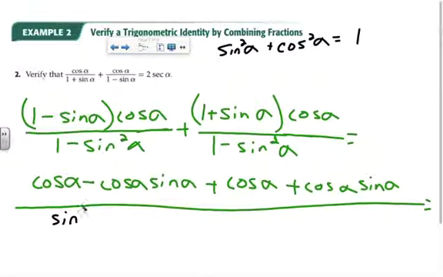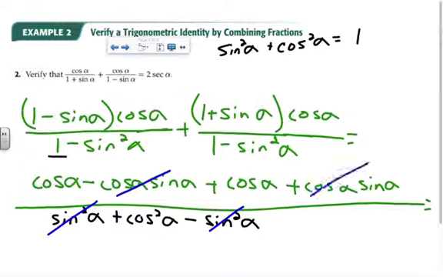So I'll have sine squared of alpha plus cosine squared of alpha, that's the 1 that I've just substituted in for, minus sine squared of alpha. Whew. Well, these are going to conveniently cancel out. And so are these.